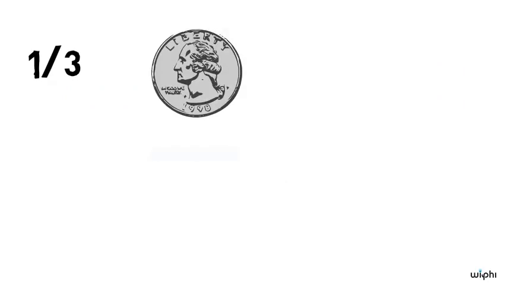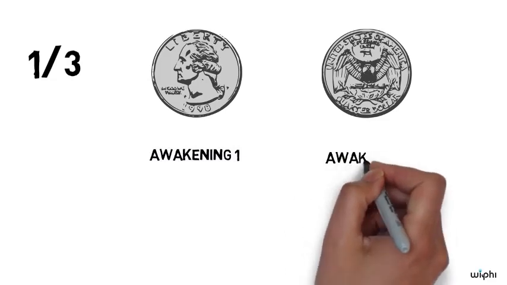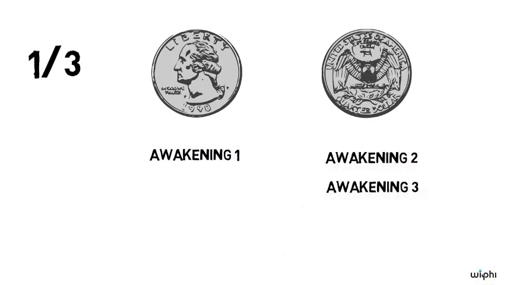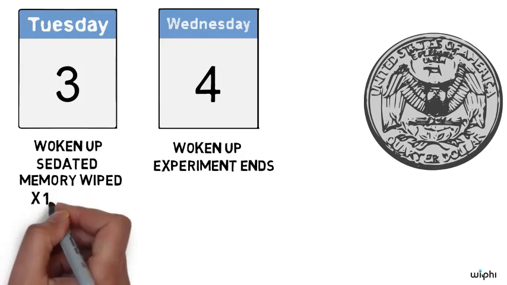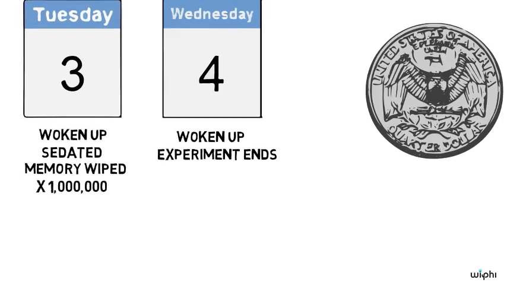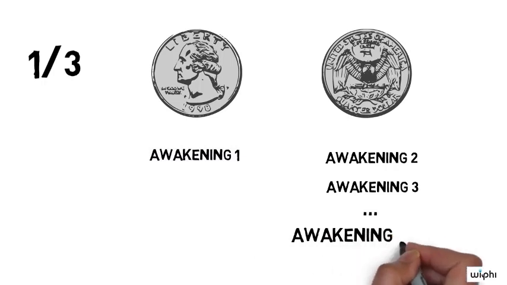Remember that we thought the answer should be 1/3 because there are 3 total potential awakenings and only one of them happens when the coin lands heads. Let's change the experiment a little bit but apply the same logic. Everything is as it was before, except that instead of being woken up once on Tuesday, we wake Sleeping Beauty up 1 million times on Tuesday. Now there are 1,000,002 total potential awakenings.